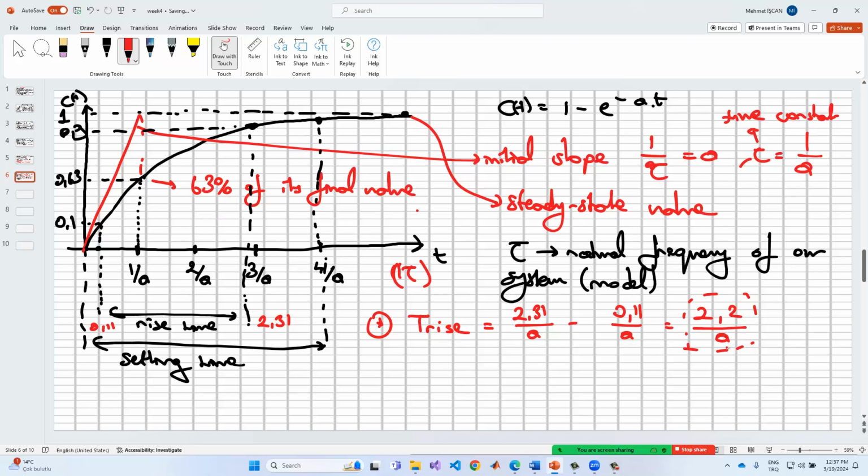If we choose a different time constant, the rise time changes. The basic definition of the rise time is when our final response goes from 0.1 to 0.9. This is the time between our signal starting from 0.1 to 0.9.